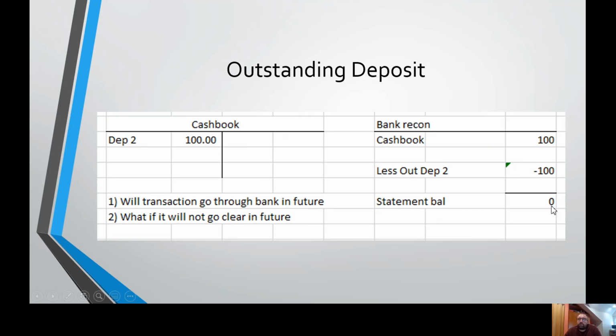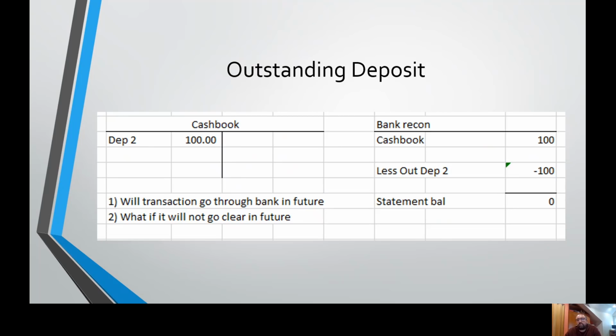Now, how do we reconcile that? I have one transaction in my cash book on the debit side of 100 Rand. That means my closing balance on my cash book will be 100 Rand on the debit side. I will carry that over into my bank reconciliation as a positive 100 Rand. Now, I know the answer to this is 0.